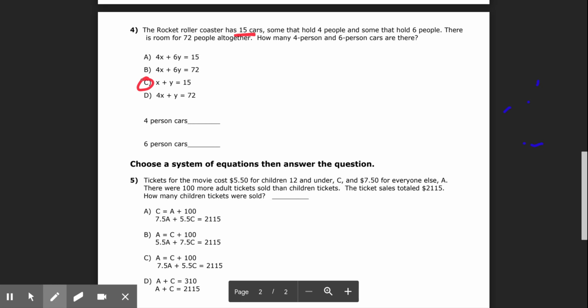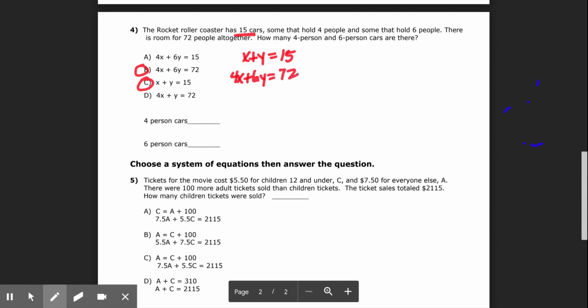Now then, some are 4 people and some are 6 people for 72 people altogether. So we want 4x plus 6y equals 72. So we're going to use those two equations: x plus y equals 15 and 4x plus 6y equals 72.